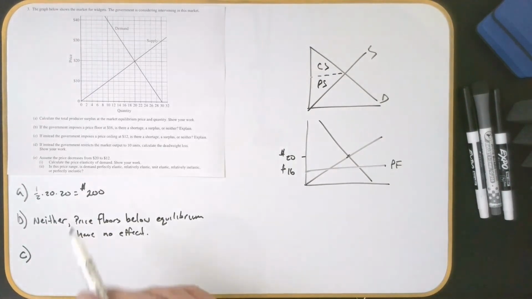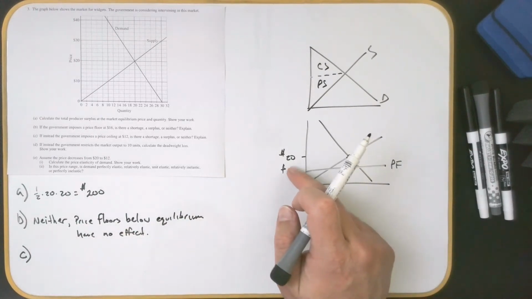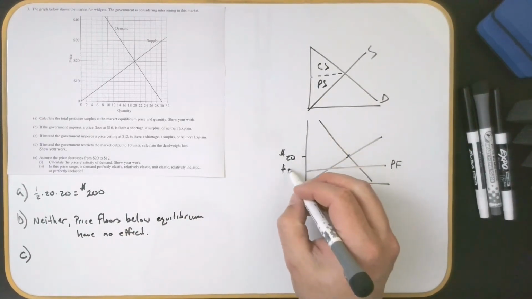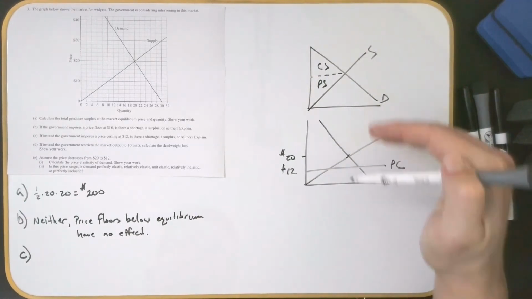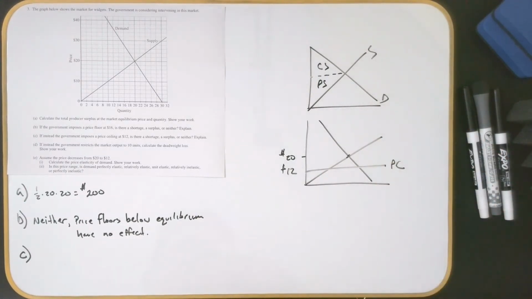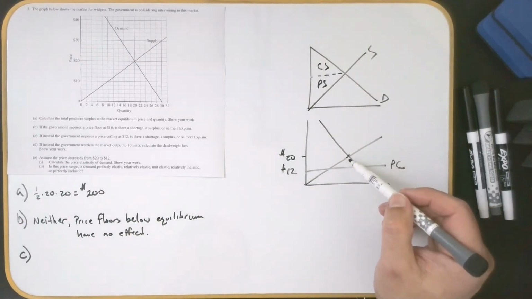C says if instead the government imposes a $12, so I'll actually just even erase this and I'll make it a 12. So what happens if they put in a price ceiling? Well, when a ceiling looks like a floor, it definitely has an impact. And so this would be a situation where the government steps in and says, your product is too expensive.